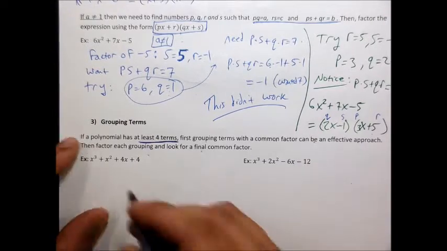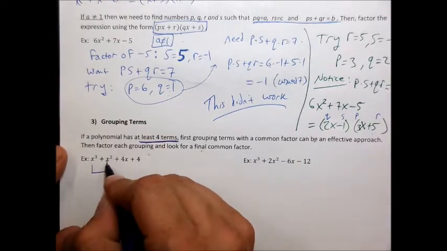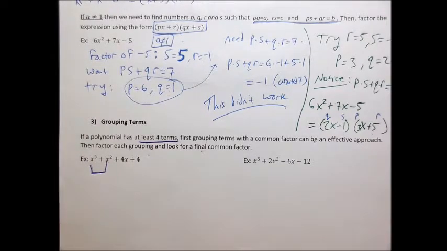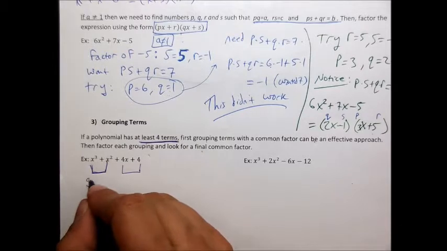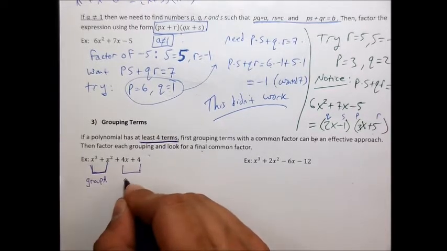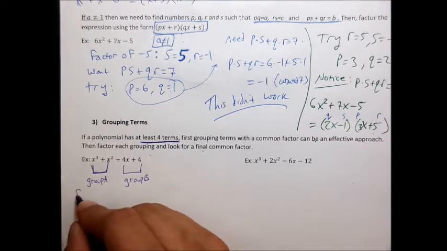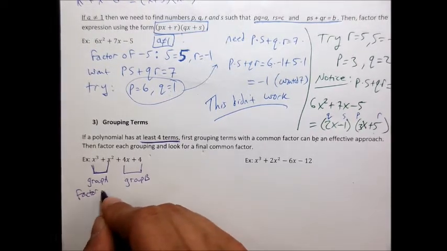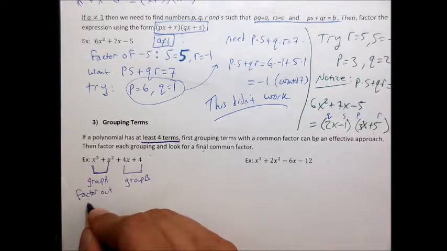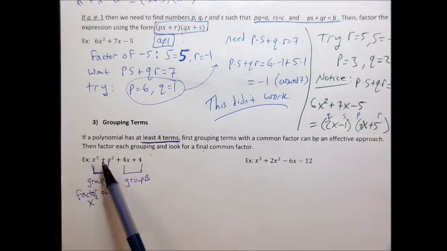So for example, when I look at this first one, I see those 2 have a common factor, and I see that those 2 have a common factor. And so I'm going to make this my first group, and this will be my second group. And I'm going to factor out something common from each one. So what's common in the first one? There's an x squared in both those first ones, right?